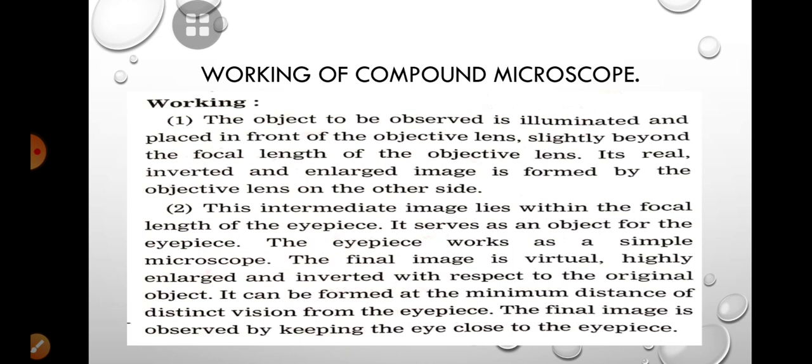It serves as an object for the eyepiece, and the eyepiece works as a simple microscope. The final image is virtual, highly enlarged, and inverted with respect to the original object. It is formed at the minimum distance of distinct vision from the eyepiece, and the final image is observed by keeping the eye close to the eyepiece.